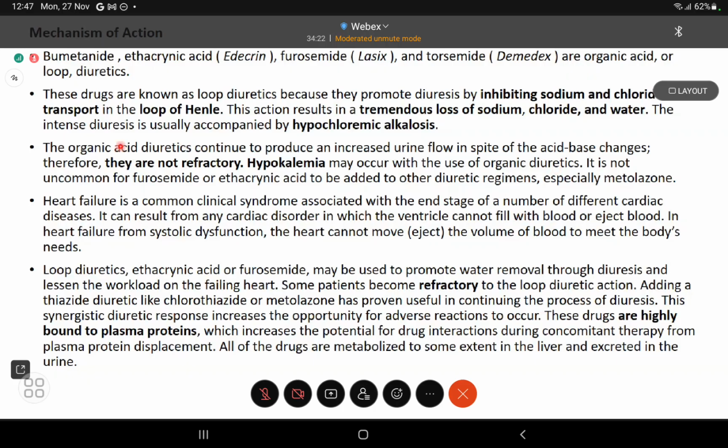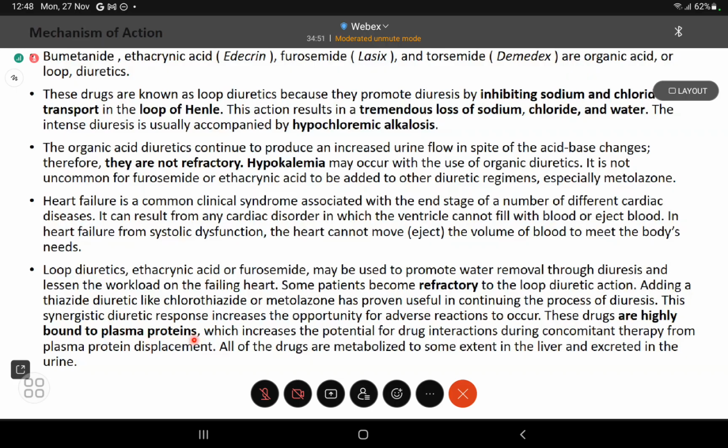Okay, we go back to the second point. The second point we discussed, we said that this organic acid might not cause refractoriness if we use it alone. If we use it with other drugs it might cause refractoriness, and the main reason is that the occupation of plasma proteins by the drugs is different.